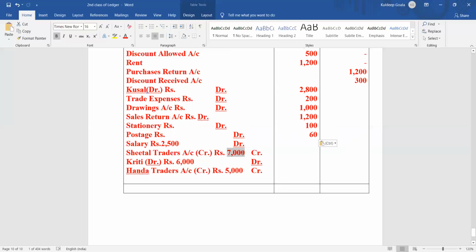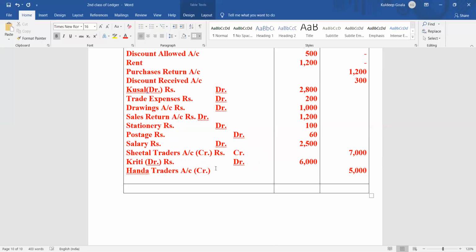Then salary debit, place it there. Sital traders credit, place it in the credit. Kriti debit, place in the debit. Haldar credit, place in the credit. That's all. Okay, and remove these unwanted things not required.